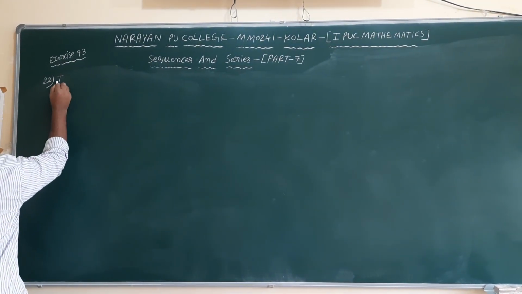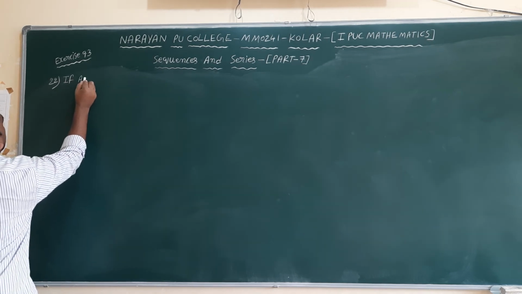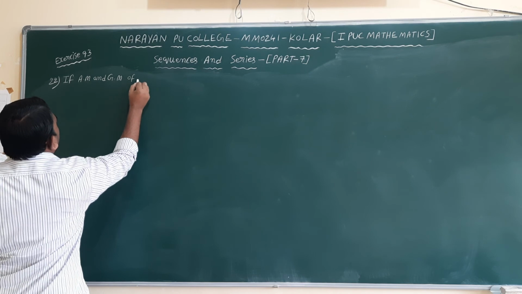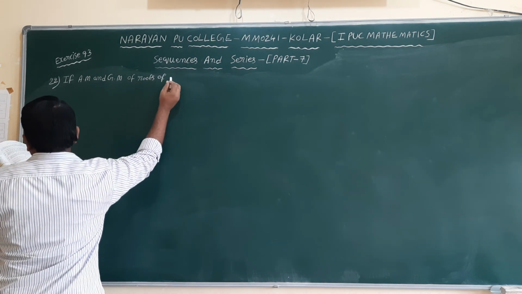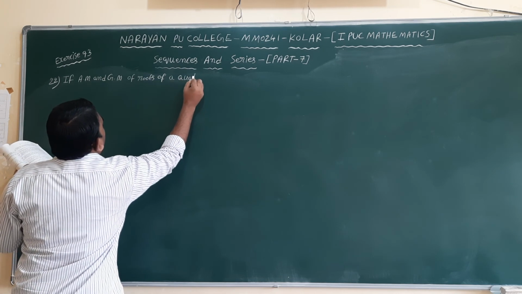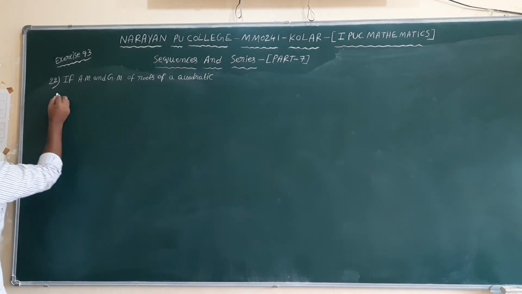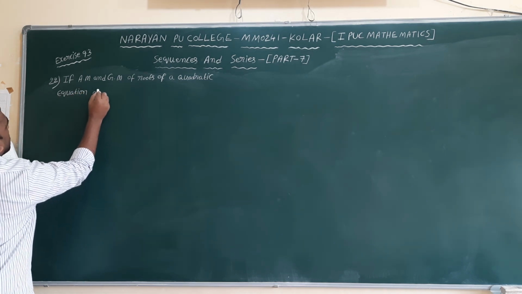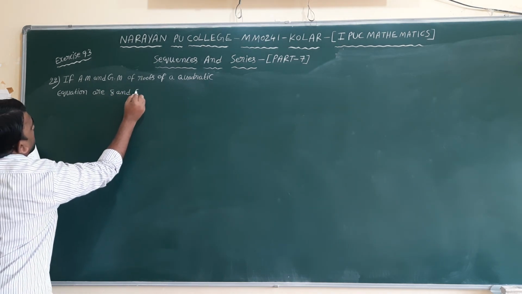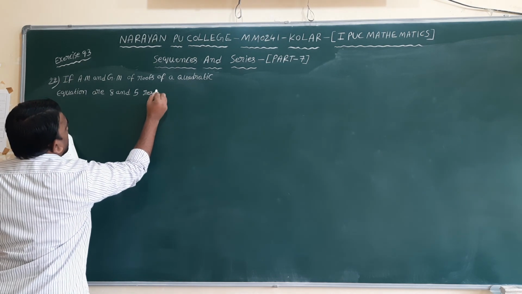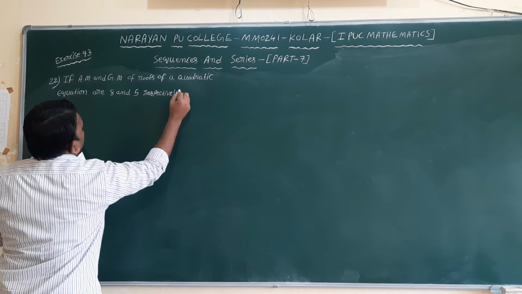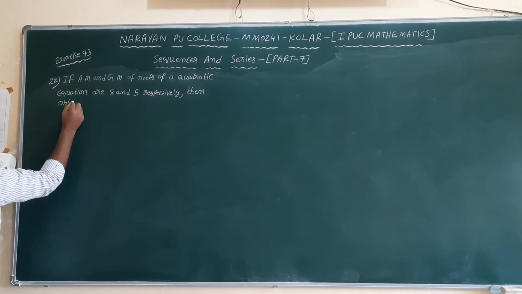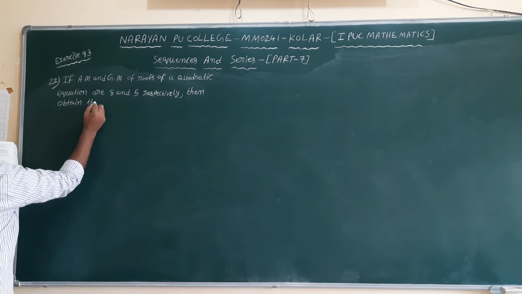If the AM and GM of the roots of a quadratic equation are 8 and 5 respectively, then obtain the quadratic equation.